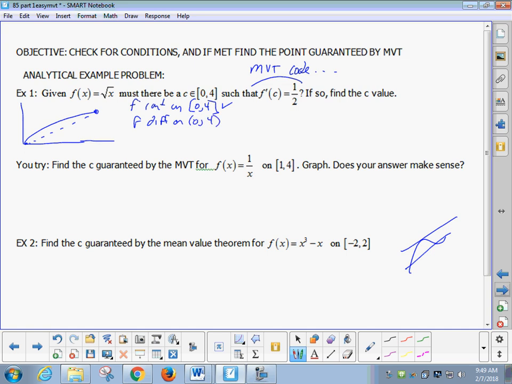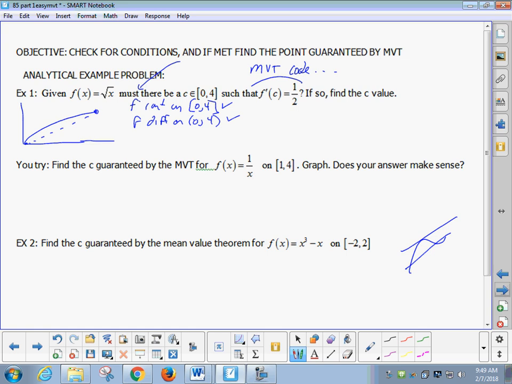Yes. Okay. Now, because those 2 conditions are met, there's guaranteed to be a place. That's the must there. In the world of higher math, existence theorems are huge and powerful, and MBT is an existence theorem. There must exist something.